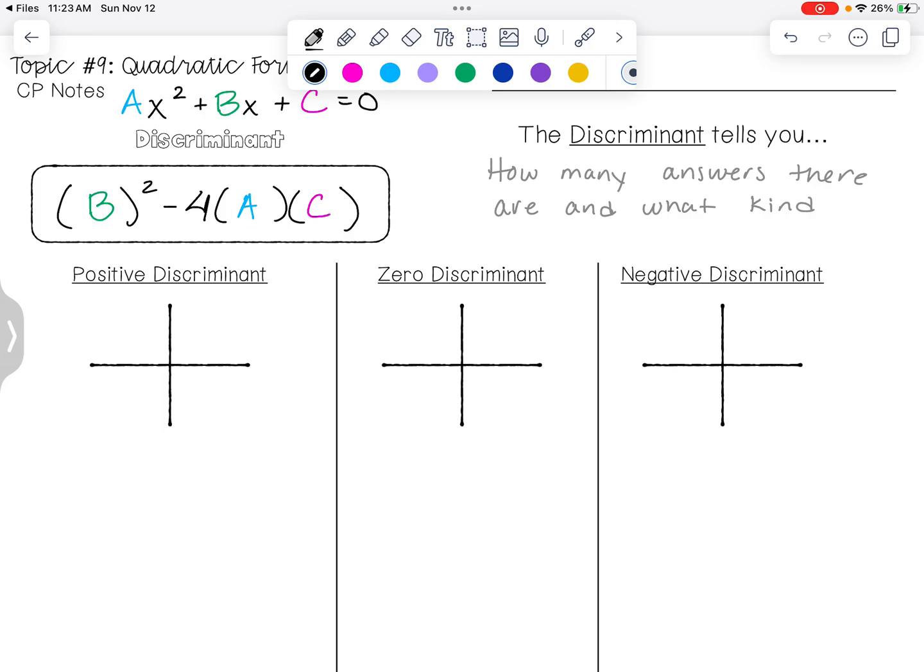So if you have a positive discriminant, so if you do that formula and you get a positive number, what it tells you is that you have 2 real answers. So they could be whole numbers, fractions, or decimals. That's what a real number is.